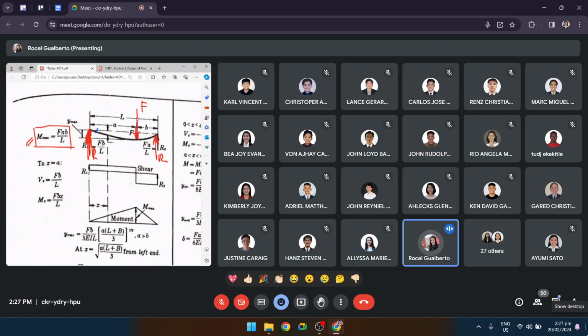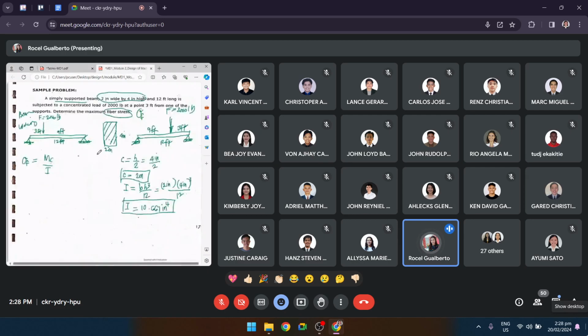F from the left would have a distance A, and from the right a distance B. The total length is L. So let us apply this equation on our sample problem.